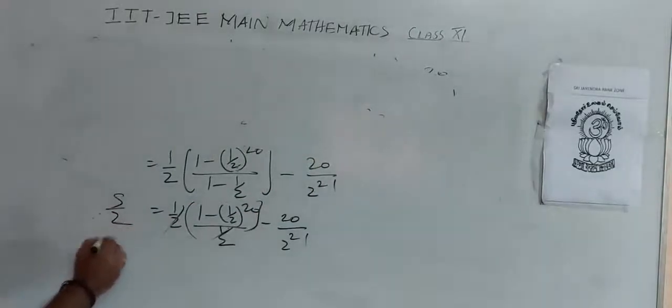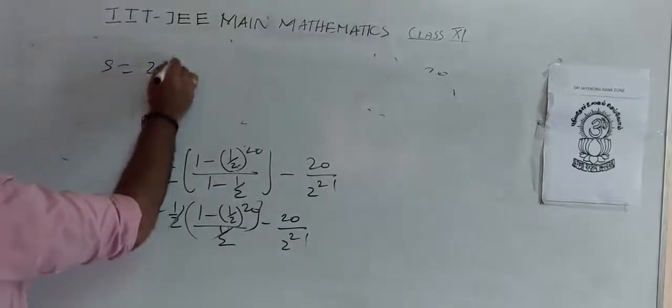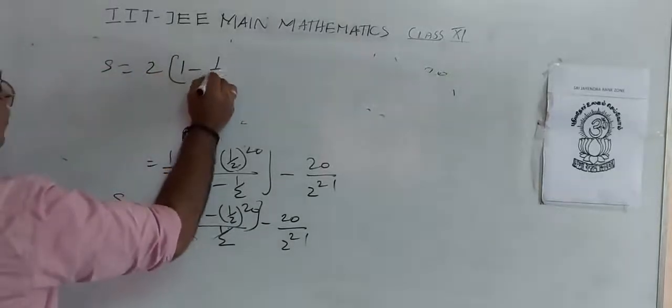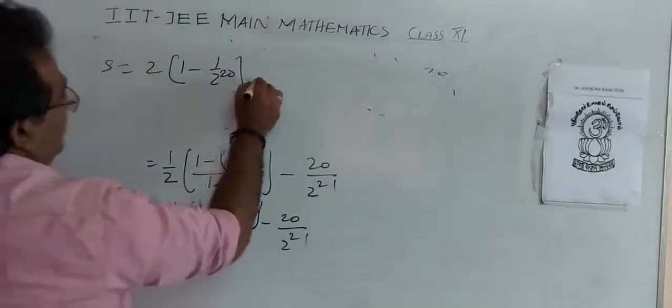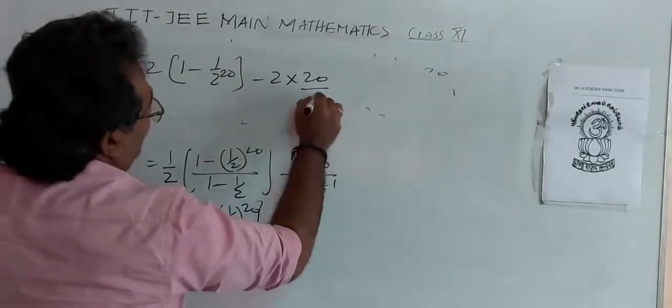Here we have S by 2, so S equal to 2 into (1 minus 1 by 2 power 20) minus 2 into 20 by 2 power 21.